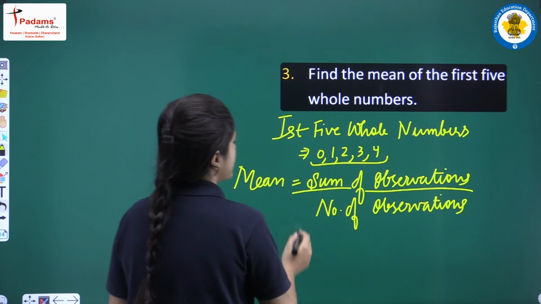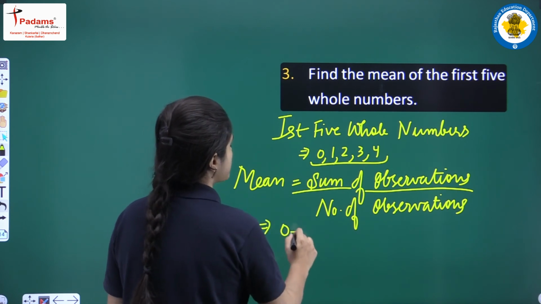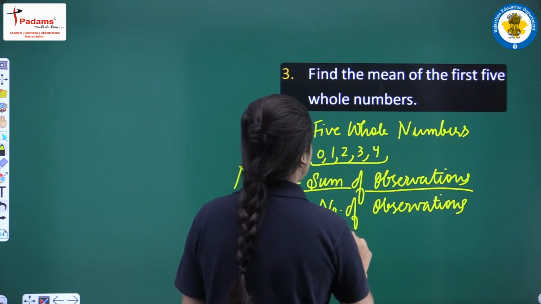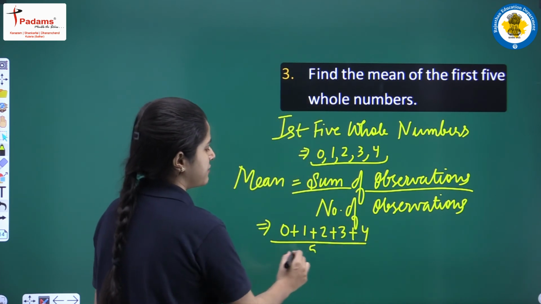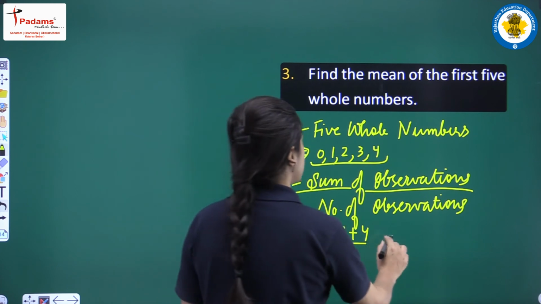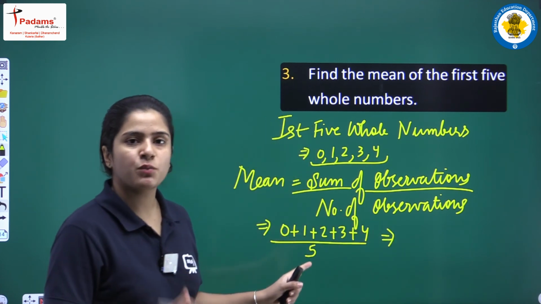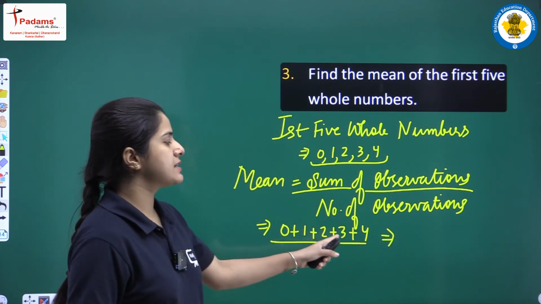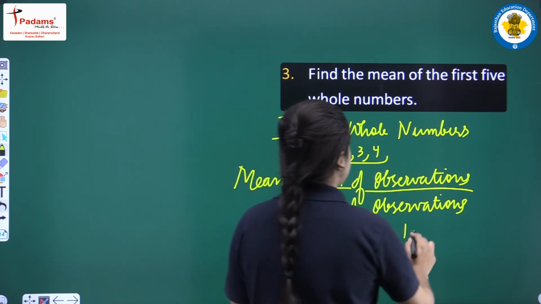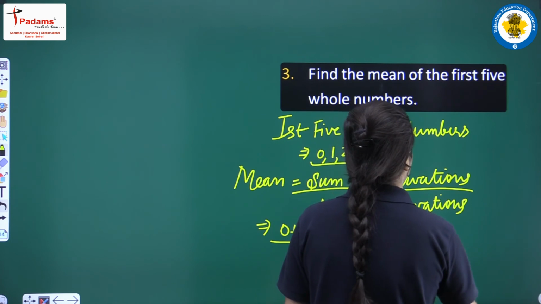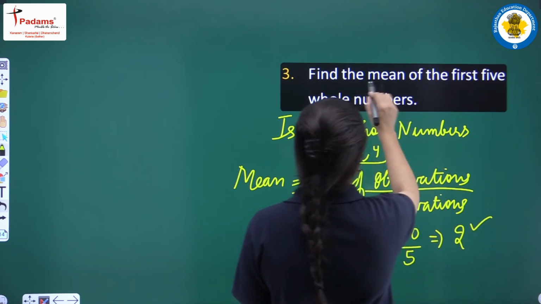Sum of observation means 0 plus 1 plus 2 plus 3 plus 4 upon the number of observation, that is 5. 5 whole numbers, right students? 0 plus 1 is equals to 1, 1 plus 2 is equals to 3, 3 plus 3 is equals to 6 and 6 plus 4 is equals to 10. 10 divided by 5 is equals to 2. Alright students, so 2 is your mean.